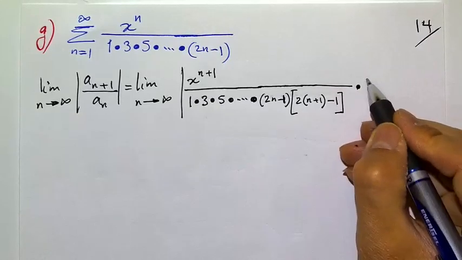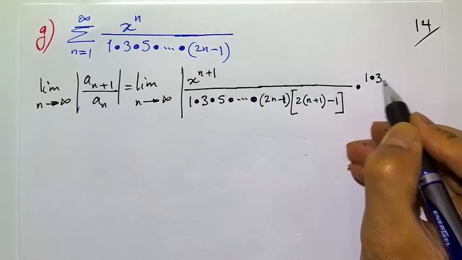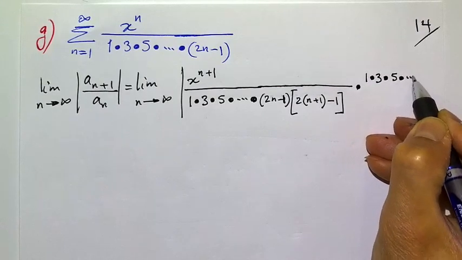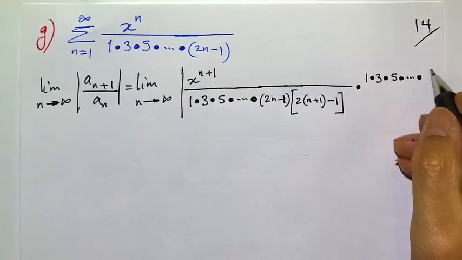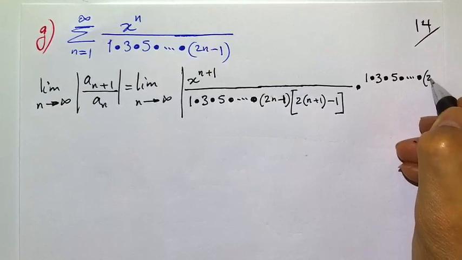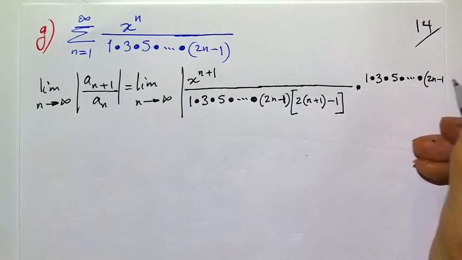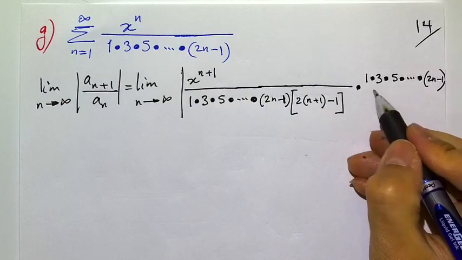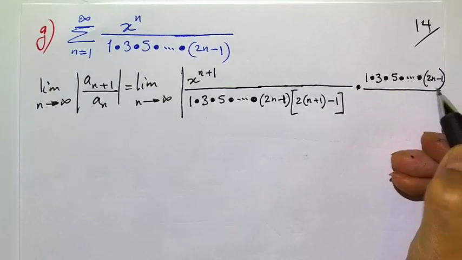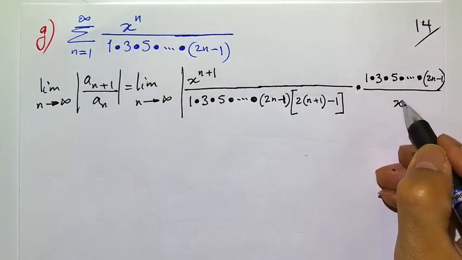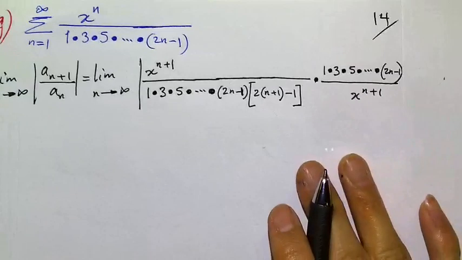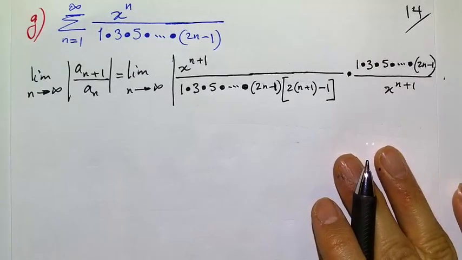So we have 1 times 3 times 5 times all of those, times, I'm trying to barely fit this here. It barely fit. Divided by, it's easier to write the denominator, so n plus 1. And of course, there is an absolute value here.